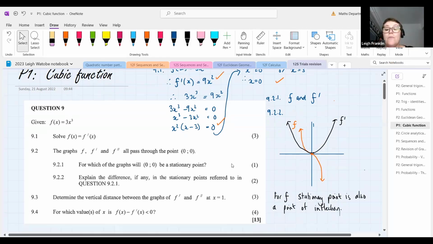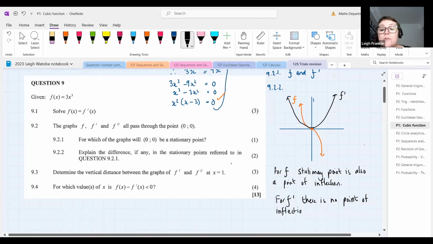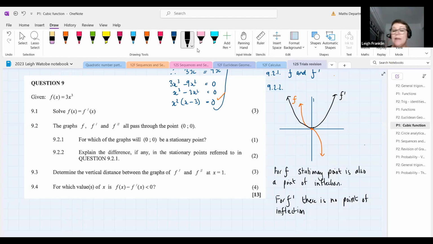For the graph of f prime, the stationary point is not a point of inflection, because there is no point of inflection. So these are difficult knowledge questions. We really need to understand the graphs of the cubic, the first derivative and the second derivative if we want to be able to answer this.